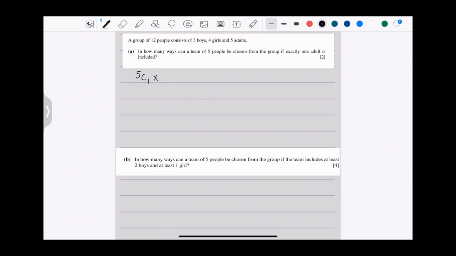That's why out of 5, I've chosen one adult, and the rest I can keep in a pool. But since our restriction was one adult, I took out the 5 adults separately and chose one from it.